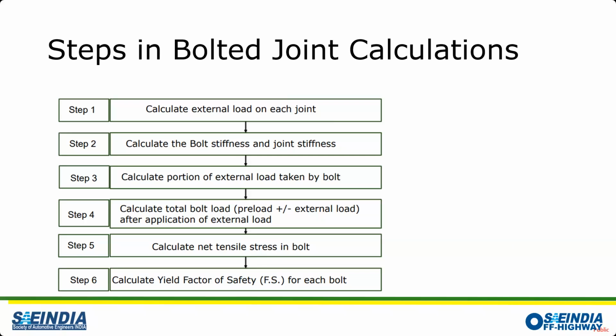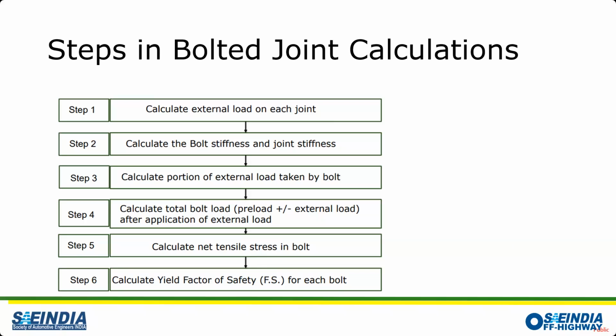So first you will be calculating using that preload, and then you will calculate the tensile stress in the bolt, and then you will calculate the yield factor of safety of each bolt. So these 6 steps you need to follow.